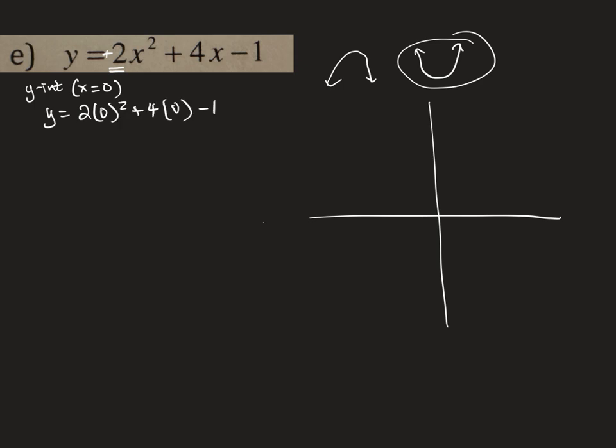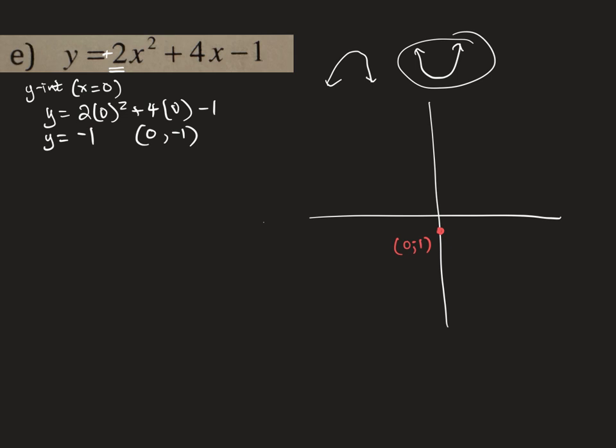When you simplify that, you get y equals -1, which means we have a y-intercept on our graph at (0, -1). This is going to be the point on the y-axis.